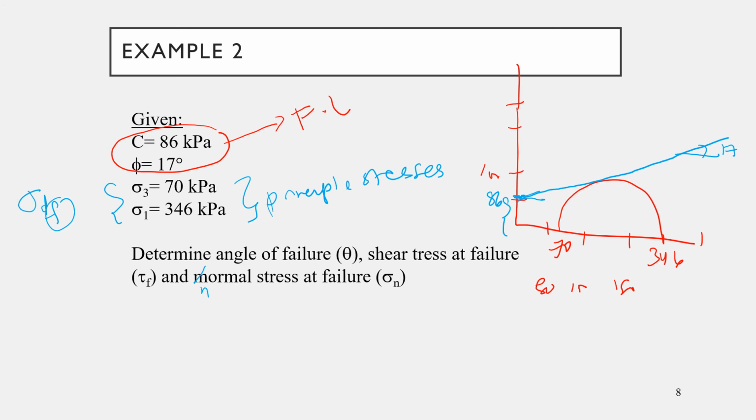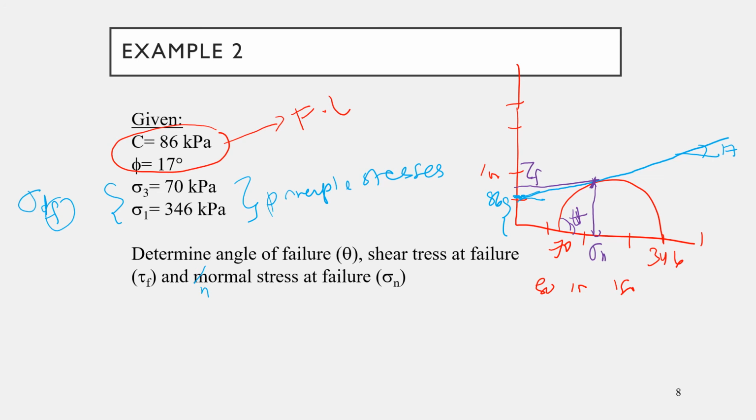To get the shear stress at failure, normal stress at failure, and angle of failure, from the diagram, this is the point that is tangent to your failure line. Here is your shear stress at failure, go down, this is your normal stress at failure. From here to here, this is your angle of failure. So quite straightforward from the graphical solution.